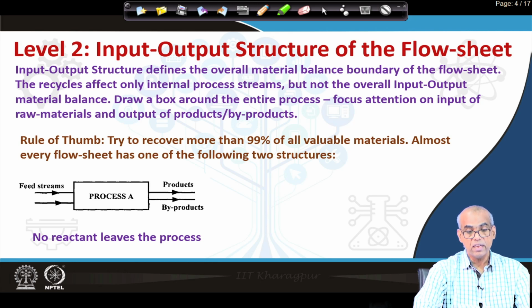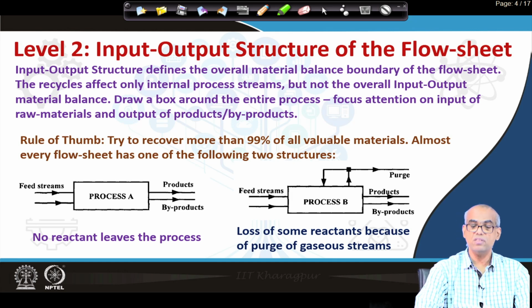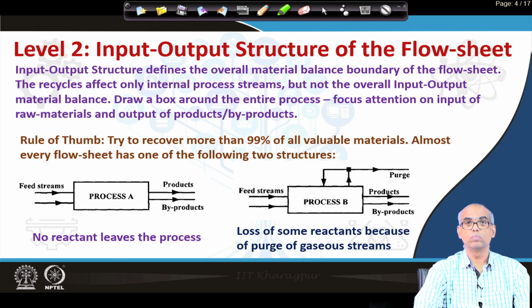So, no reactant leaves the process. The reactants are all converted to products and byproducts. Now, look at the second flow sheet. Here you see the existence of a purge stream and recycle loop.